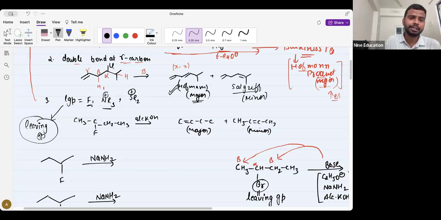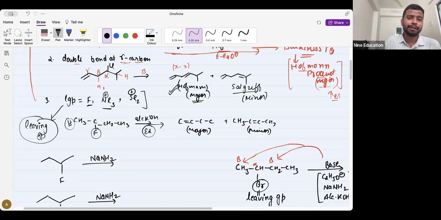If I have these leaving groups, you should always know that, let's say in this example only, if I take fluorine here, अगर मैं E2 elimination करूंगा तो E2 करने पे मेरे को ये पता होना चाहिए this is fluorine, very difficult to break the bond of fluorine, है ना.